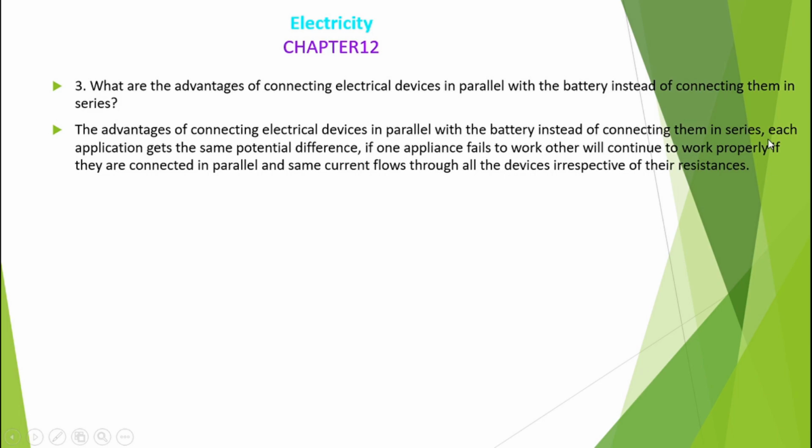So here he is asking, what are the advantages of connecting electrical devices in parallel with the battery instead of connecting them in series? So already we have discussed the advantages. Each appliance gets the same potential difference.